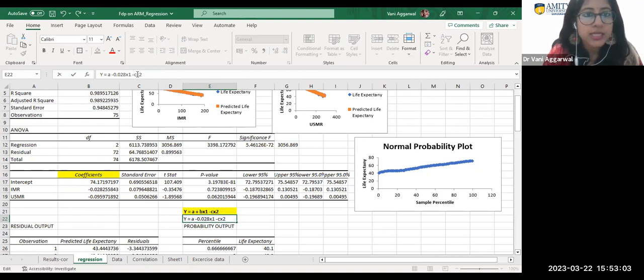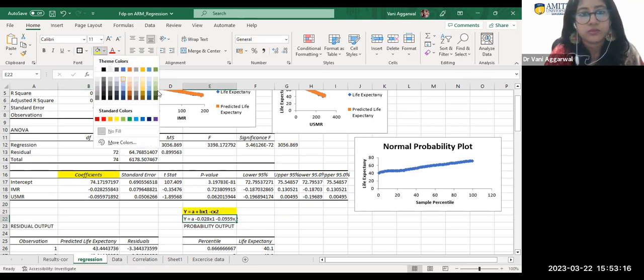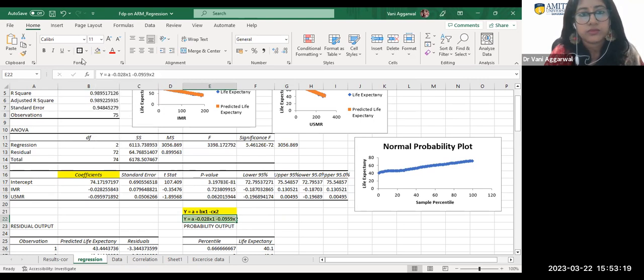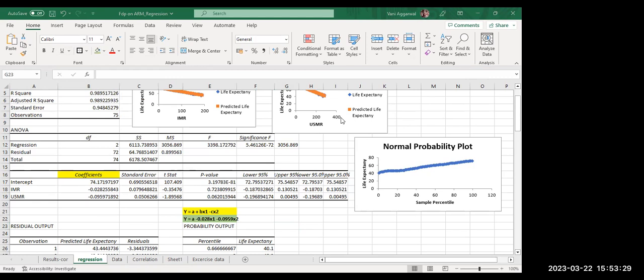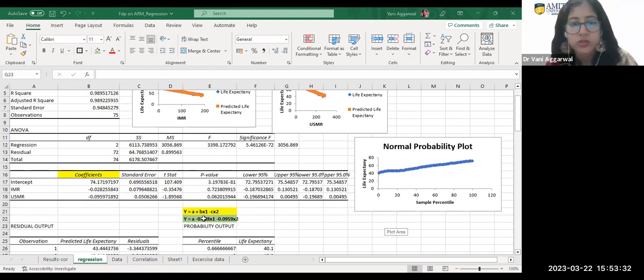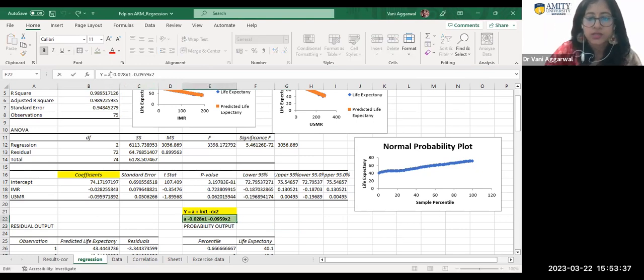C is also negative, 0.0959. You can add the A value also, yes. The A value is 74.17.